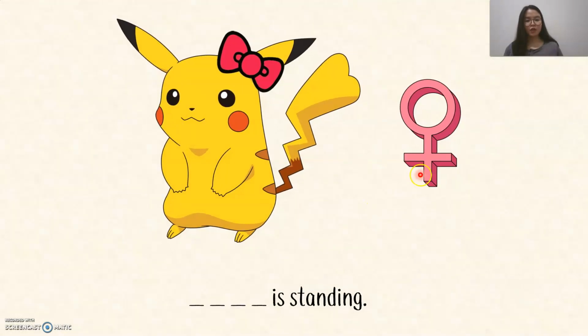What about this one? Still the same, but the gender, female Pikachu. We have female Pikachu who is standing. So we use she is standing. Same, it becomes the subject, but it's for female, like that.